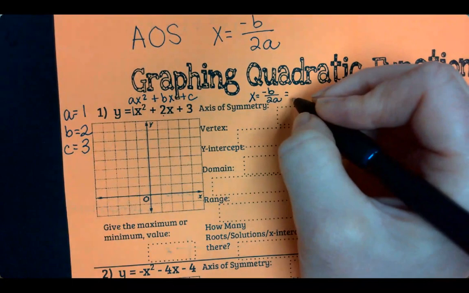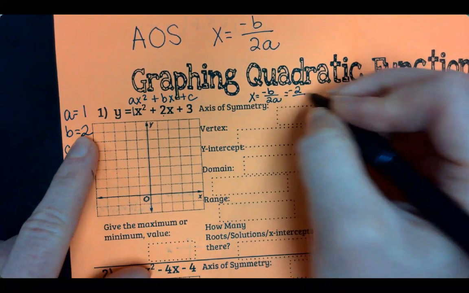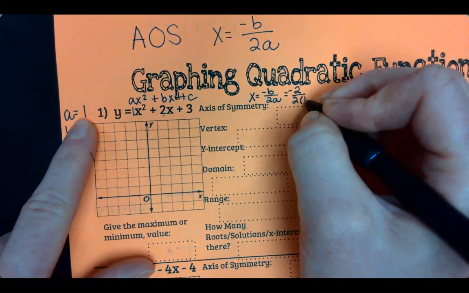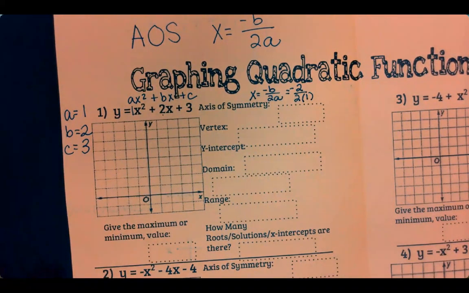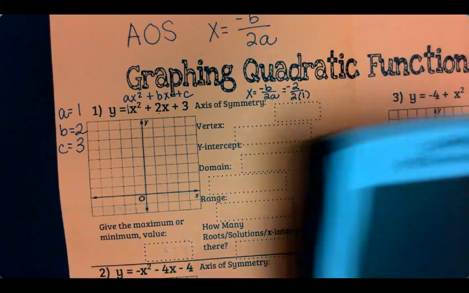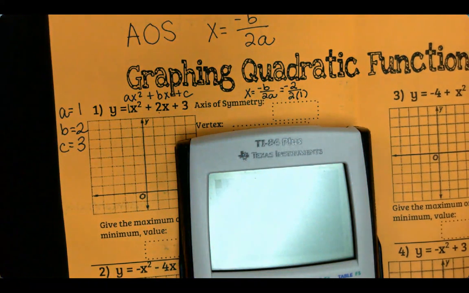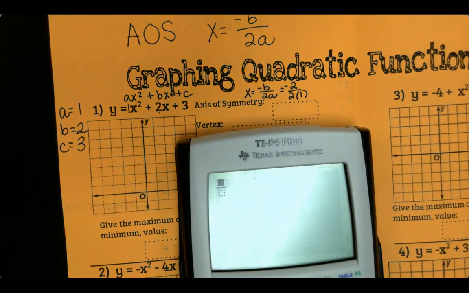So we'll plug in our numbers. Negative b, so negative 2 over 2 times a, 2 times 1. You can do it by hand, or you can use your calculator. So remember in the calculator, you can go to alpha y equals to get your fraction template. So go ahead and do that.